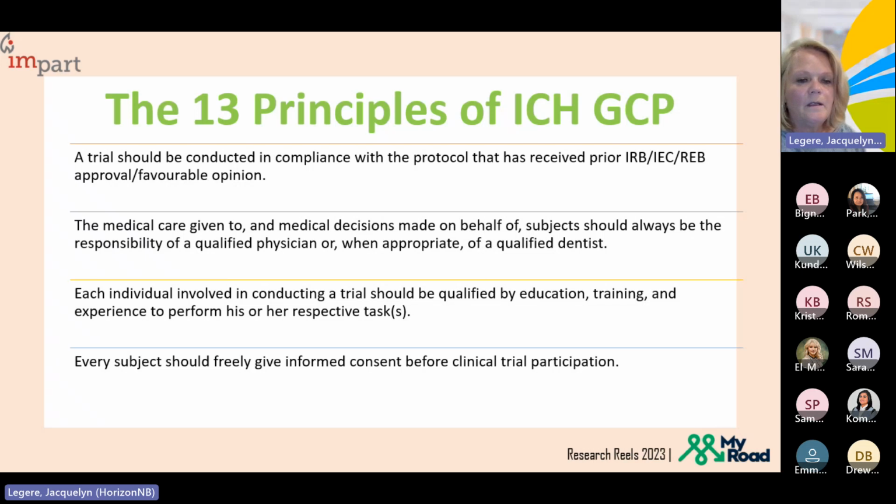Every subject should freely give informed consent before clinical trial participation. And again, these are rooted back in the Nuremberg Code. The first principle in the Nuremberg Code, released in 1947, says that every individual that participates in a research study has to give their informed consent to participate in that trial. The Declaration of Helsinki came out in 1964, which, like I've mentioned a couple of times, is the ethical principles of conduct of research for physicians engaged in clinical trials, and it allows for a substitute decision maker.